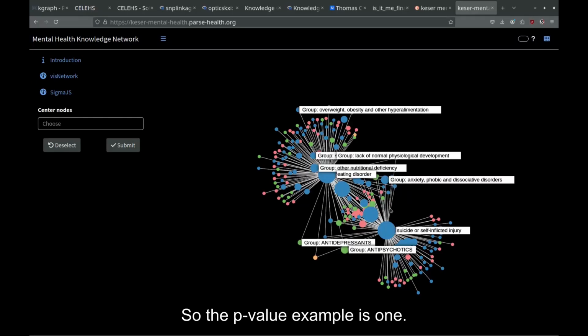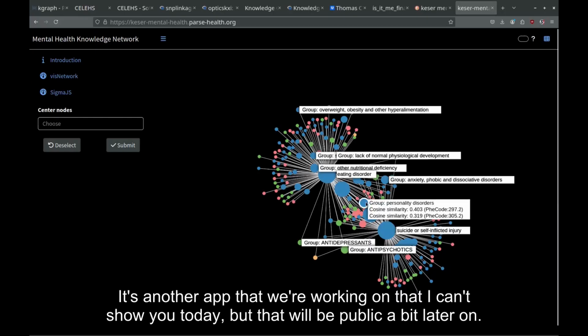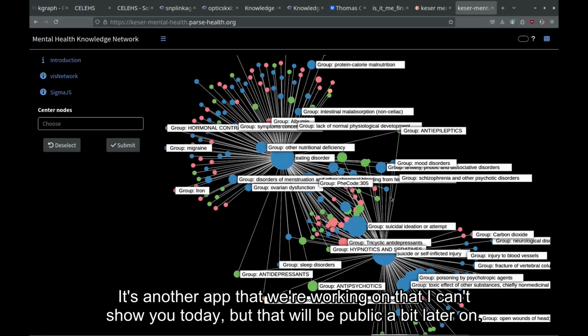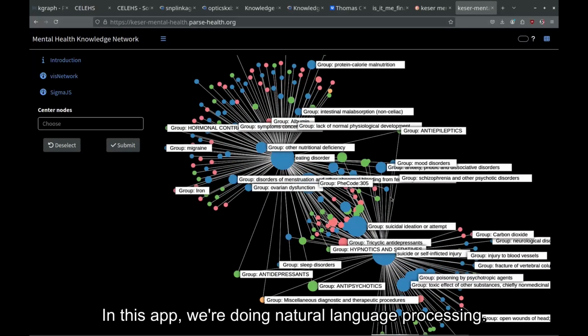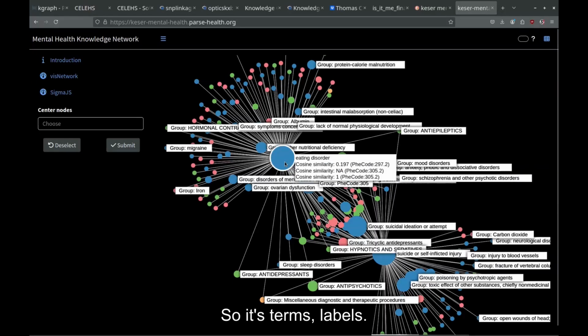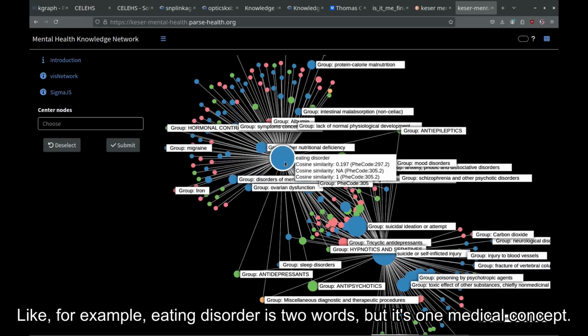So the p-value example is one. Another app that we're working on, that I can't show you today but that will be public a bit later on, does natural language processing. So it's term labels. Like, for example, eating disorder is 2 words, but it's one medical concept.